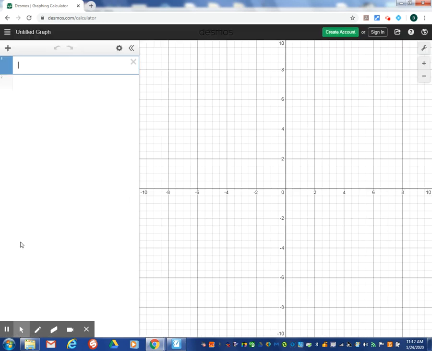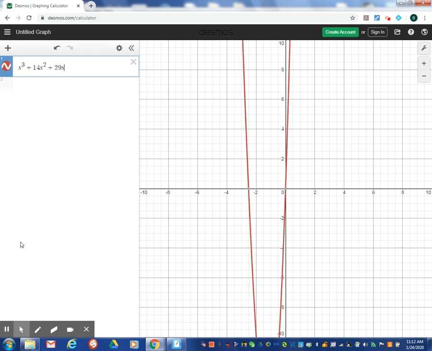You would basically just graph x to the third power plus 14x squared plus 29x minus 12.